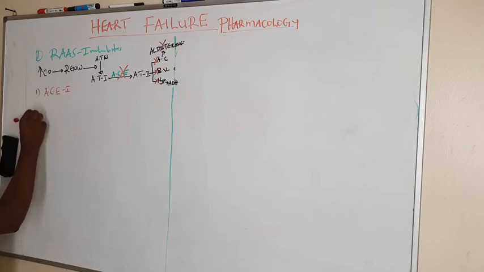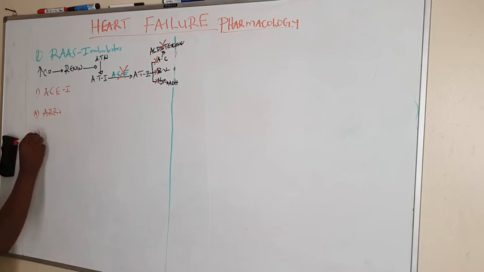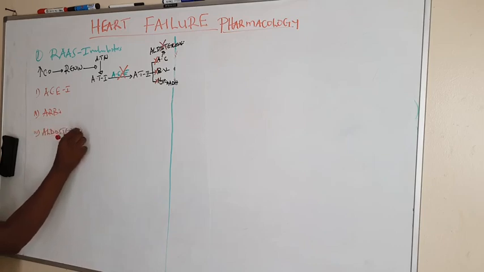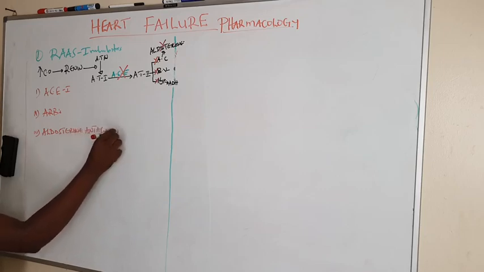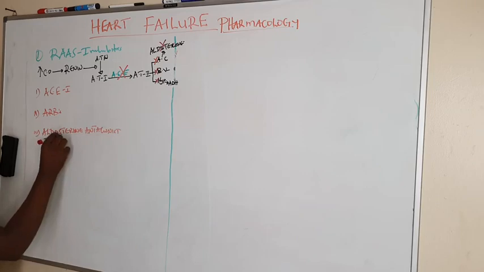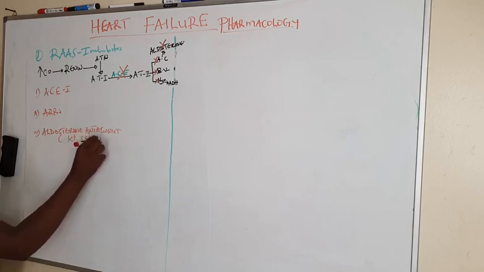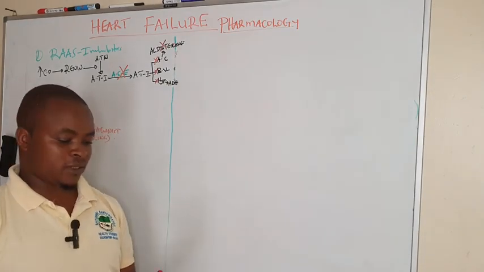Then category 2 is ARBs, angiotensin receptor blockers. Then we shall also look at aldosterone antagonists. So these are the three categories. This aldosterone category, you can call potassium sparing drugs.